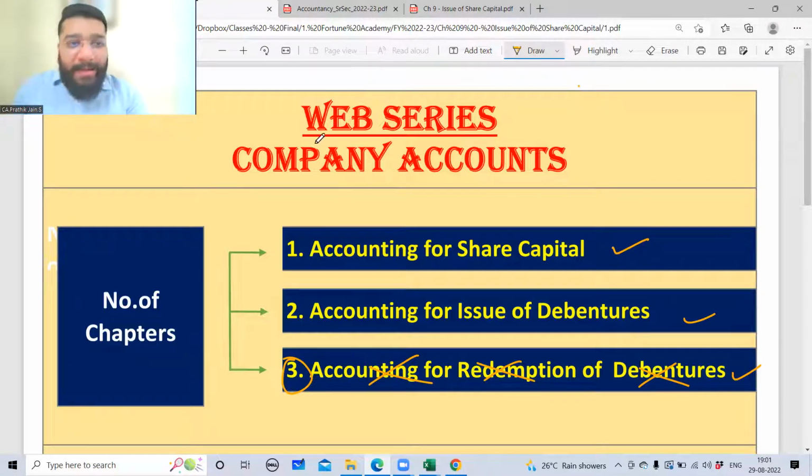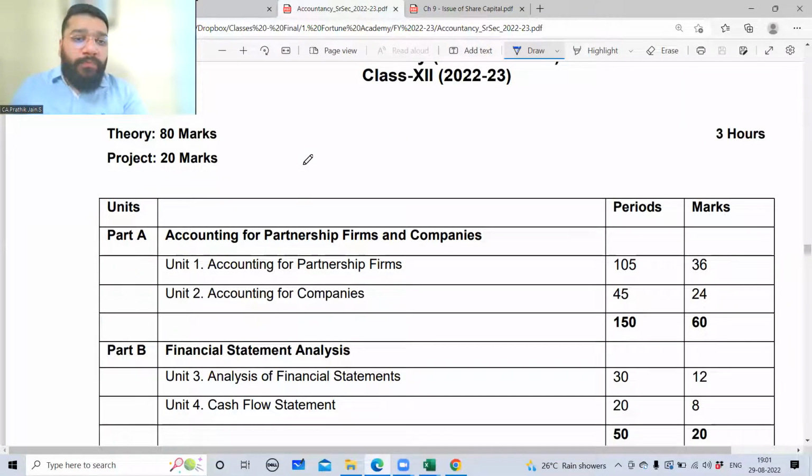So before we head towards discussing the chapter, let's quickly go through it from the examination point of view, more specifically from the 12th board examination point of view. This particular chapter carries what weightage of marks.